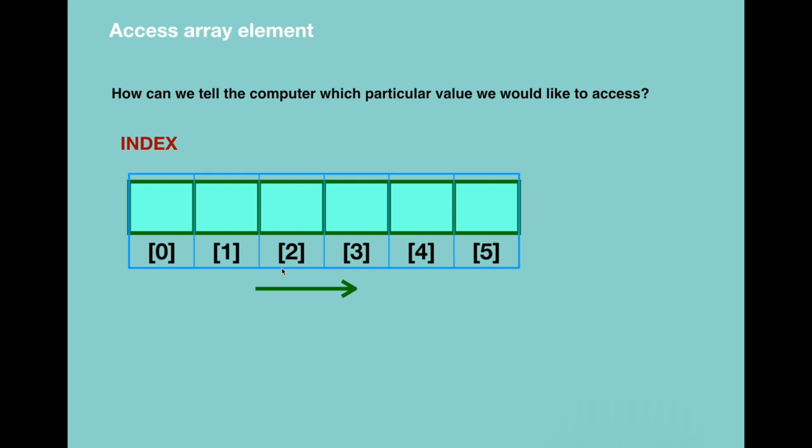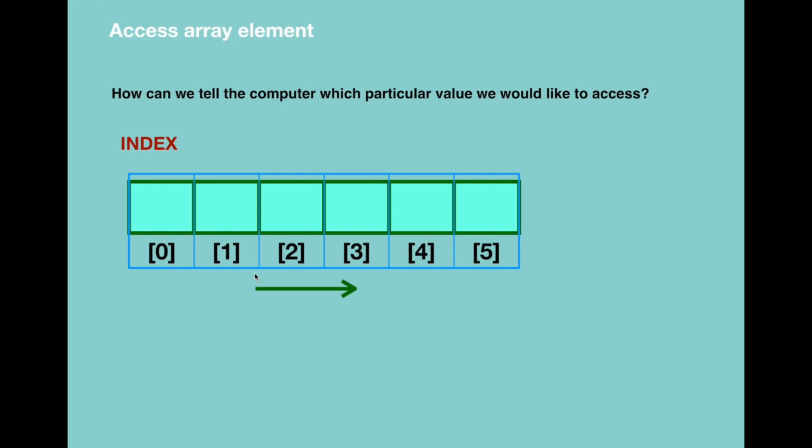This is a number that refers to the location where the value is located. The first element in the array is referred to using index 0. As you move further to the right, the index increases by 1 for each space in memory. So as you see, it starts from 0 and increases sequentially until we reach the end.